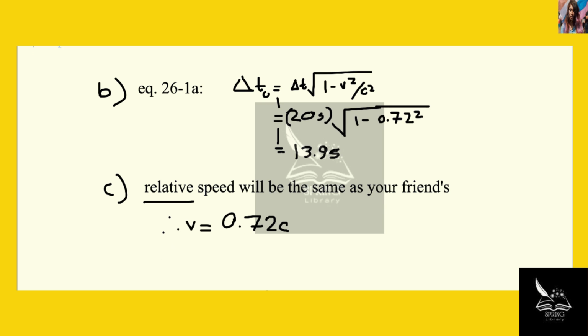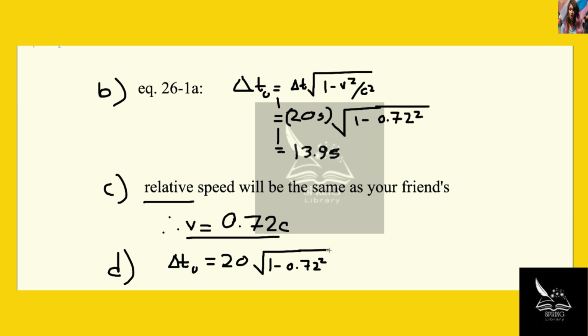And part D, again, we'll use this equation and we will again get the same answer, because remember, you're moving relative to your friend at 0.72 c, so the proper time, again, is a dilated time, and so this again is 20 times the square root of 1 minus the relative speed of yours, which is 0.72, and all of that is the same thing as part B, so that's 13.9 seconds.